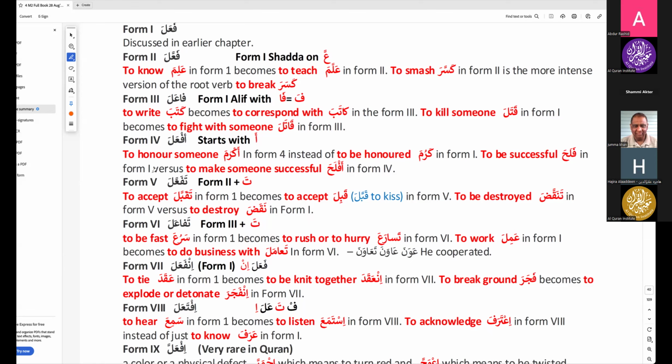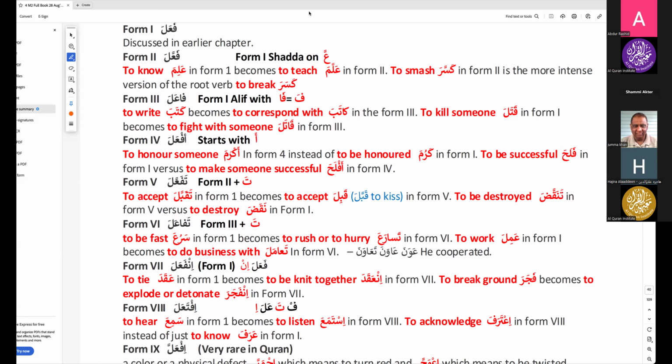In form 1, the original tri-letter verb, falaha, right? And what does it become now? To make someone successful, aflaha. Can you see hamzatul qat' is added before it, and fa loses its fatha and now takes sukun. Aflaha, in form 4. Okay.